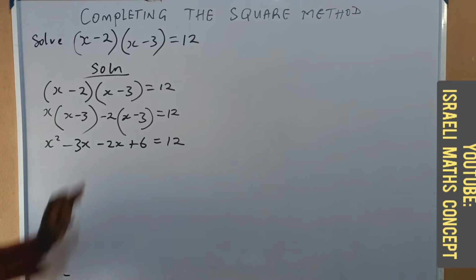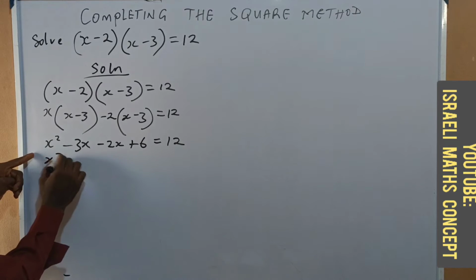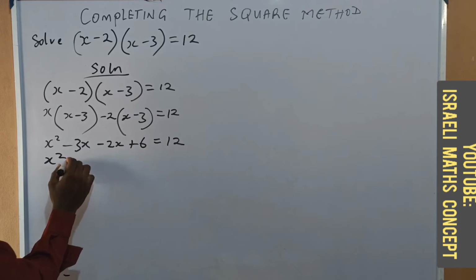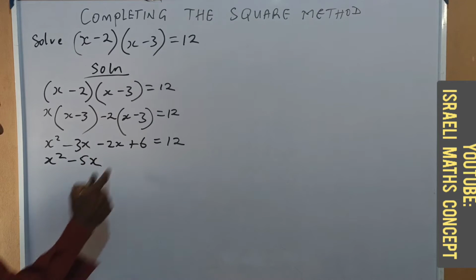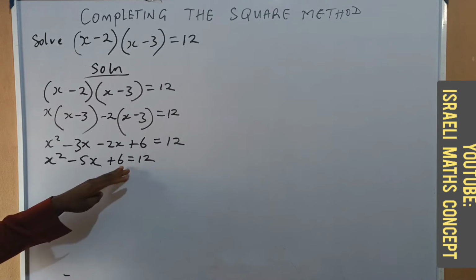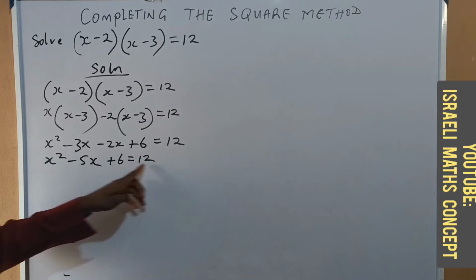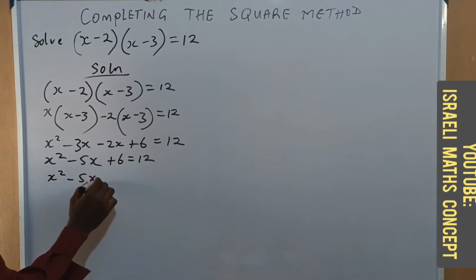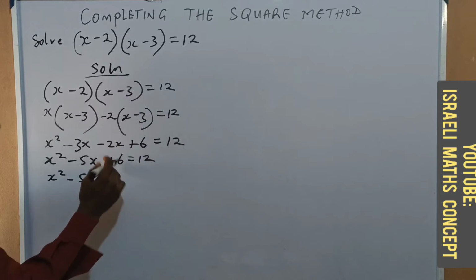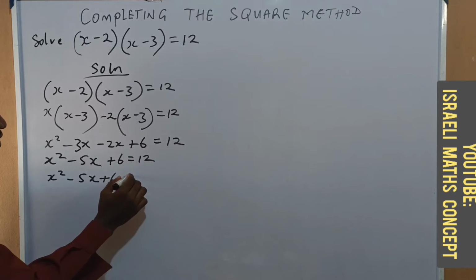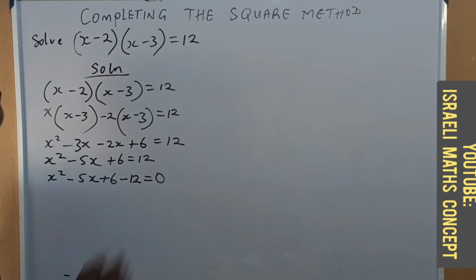Then let's collect the like terms. Then we have x squared. Negative 3x and negative 2x is going to give us negative 5x. Then plus 6 is equal to 12. But we can still collect like terms in respect to 6 and 12, such that we have x squared minus 5x plus 6, with 12 coming to the left hand side of this given equation as negative 12, and that is equal to 0.